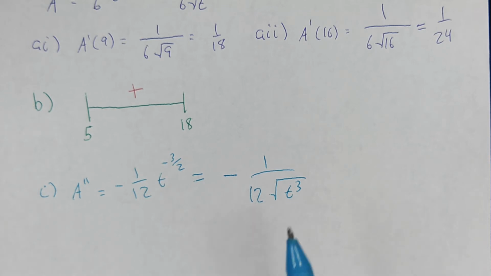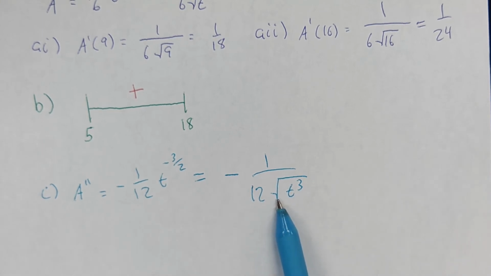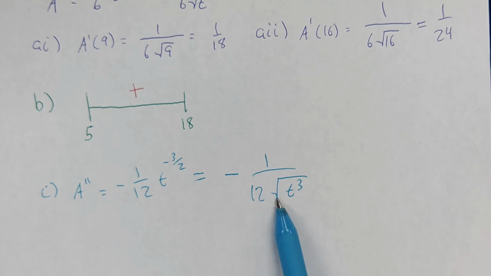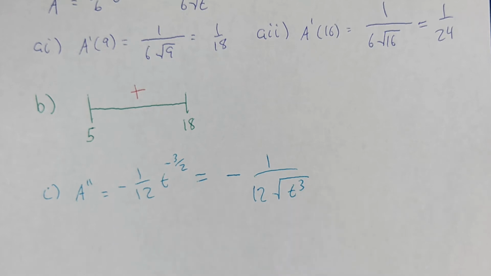Well, once again, first of all, your domain only goes from 5 to 18, and the square root of every number between 5 and 18 cubed is going to be positive, because 5 cubed is positive, 18 cubed is positive, everywhere between is positive, the square roots of all those will be positive, and overall you have a negative fraction.